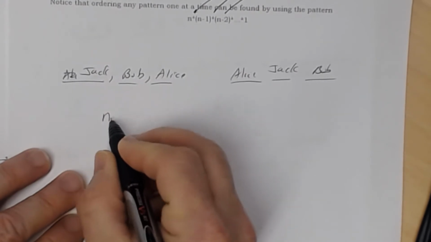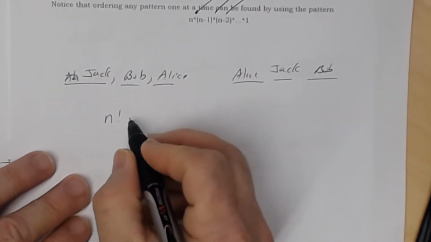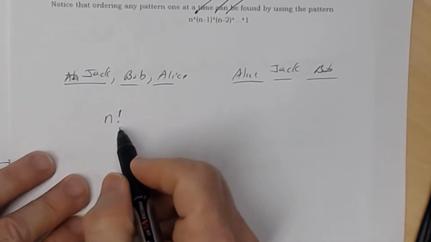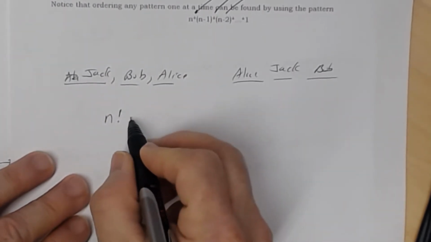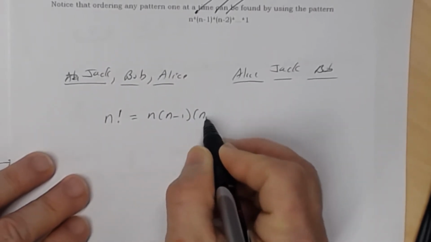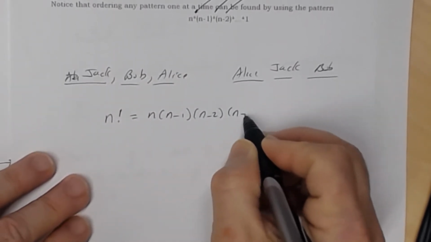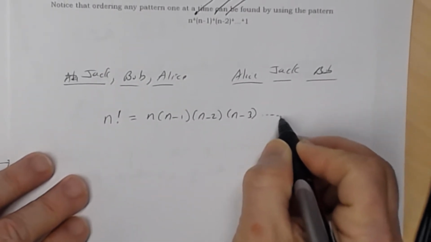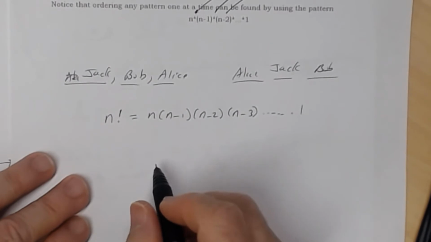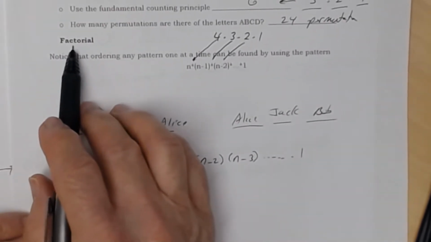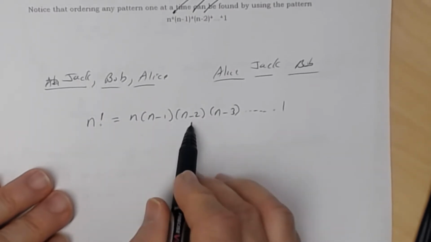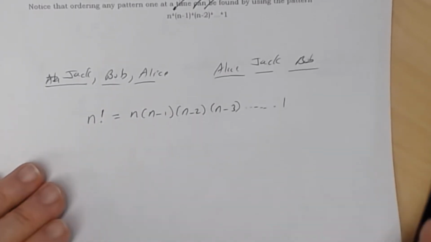So n factorial, and factorial looks like an exclamation point. See this exclamation point? Exclamation point. So n factorial will be n times n minus 1 times n minus 2 times n minus 3 all the way to 1. And it's a product of all these factors. Hence in the word factorial is the word factor, right? So you see all these factors, n minus 1, n minus 2, and so on. So what that means is this.